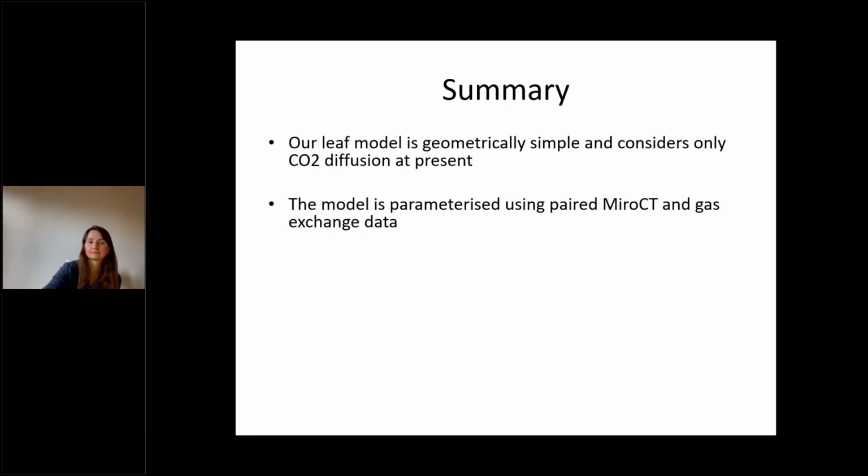We parameterised the model using data generated by a micro-CT approach and gas exchange data, and those data were paired, so we know that they come from exactly the same leaves and they should match up well, so that removes any concerns about differences in growth conditions or other factors which could have affected how the leaf developed its structure and how it performs physiologically.